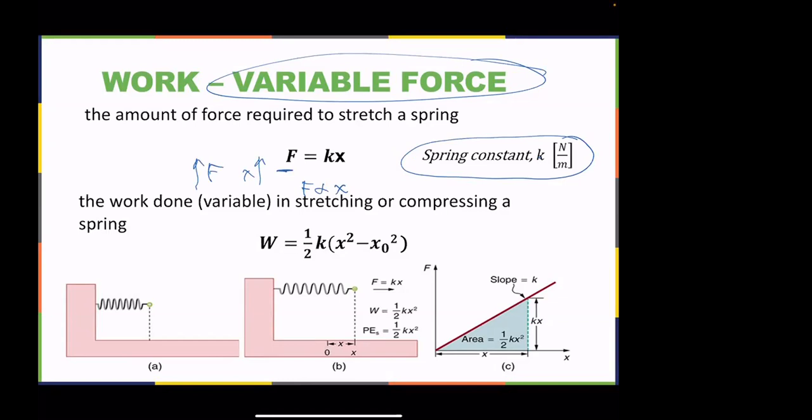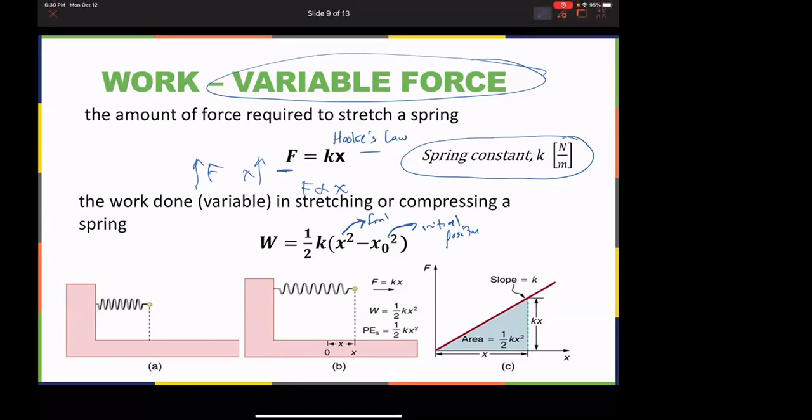This is known as Hooke's law. And the work associated with it is 1/2 k (x squared minus x naught squared), where x naught is your initial position and x is your final position. So the work is going to change based on the position change.